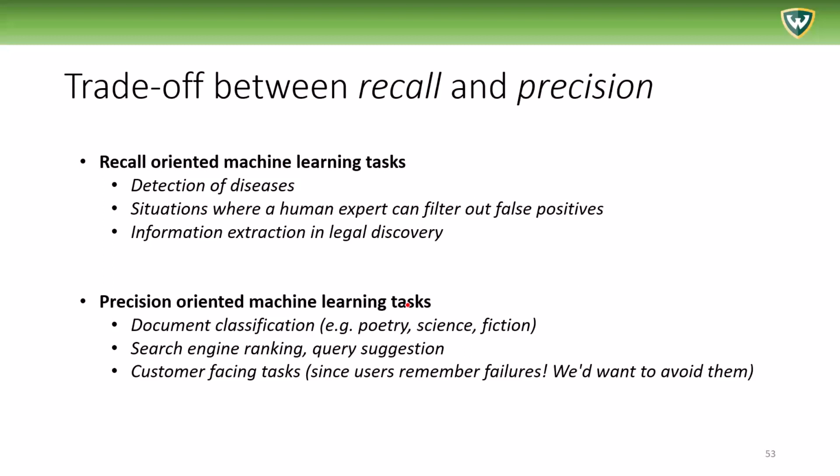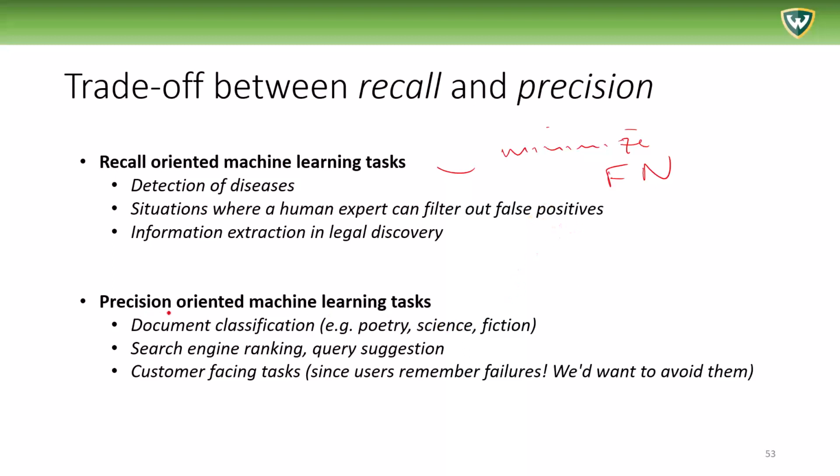That is, we have lots of false positives, but at least we minimize the false negatives. Recall can also be used in situations where a human expert can filter out the false positives, and also for information extraction in legal discovery. In all of these situations with recall, we minimize the false negatives, which means that maybe we can have greater false positives.